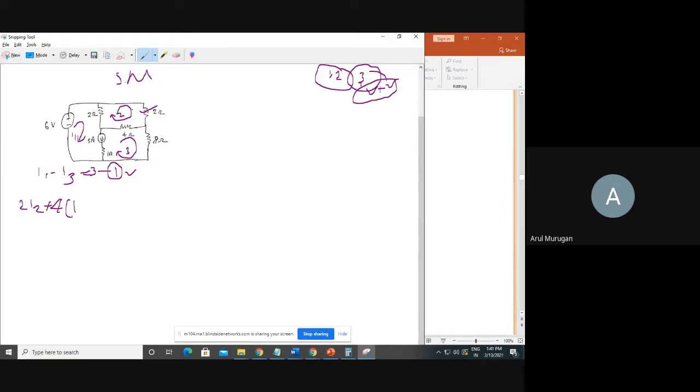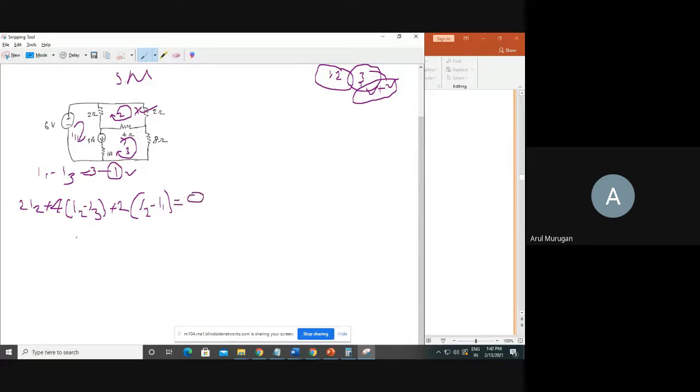What is my current I3? Opposite direction? Yes, opposite direction. So minus I3. Then plus 2, open the bracket. So I2 is going in this direction, I1 is in the opposite direction. So I2 minus I1, close the bracket, it is equal to 0.